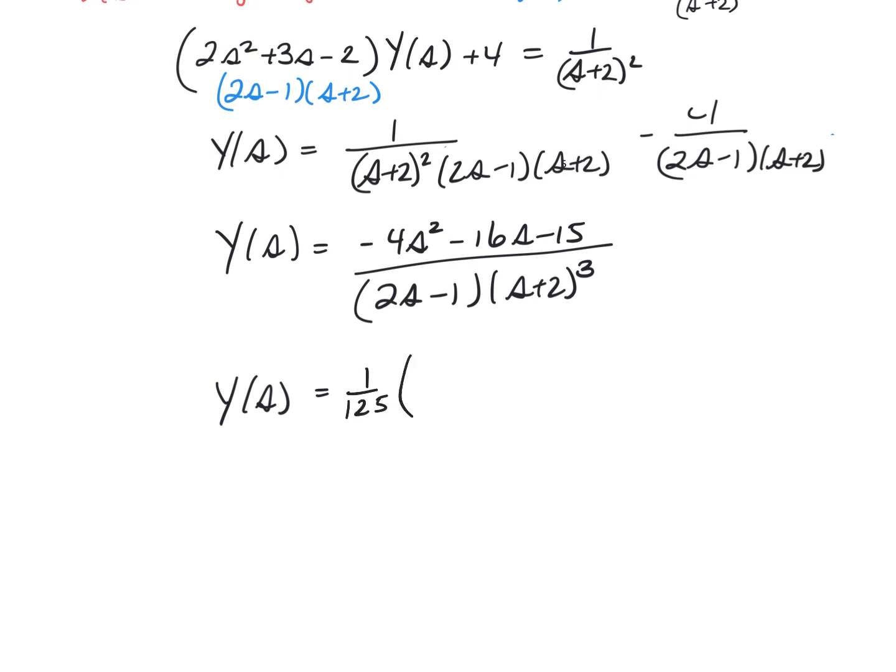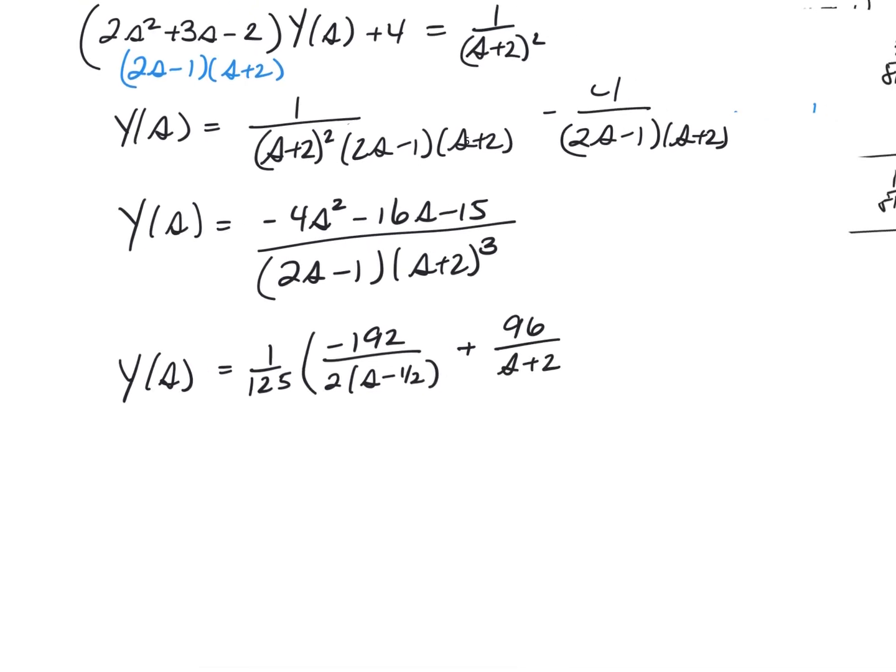What I'm left with is negative 192 over 2s minus 1 half. Now, the reason I'm doing that is because it's negative 192 over 125, but this needs to be s minus 1 half, and this is 2s minus 1, so I'd factor out a 2, giving me a 2 here. And then I'm going to get 96, and it would have been over 125, so I'm just going to write it as s plus 2.